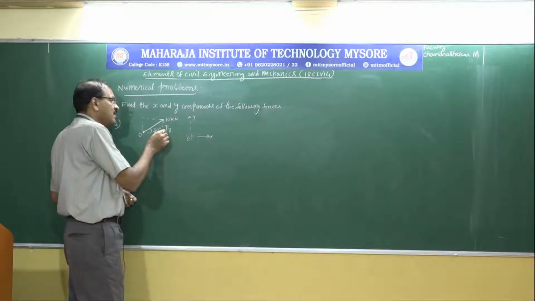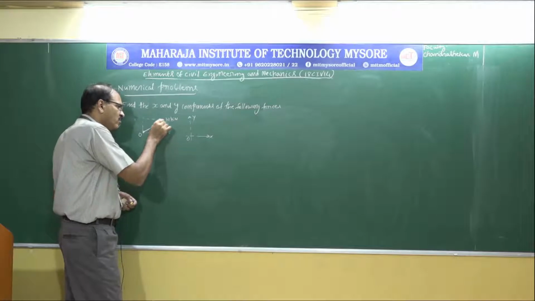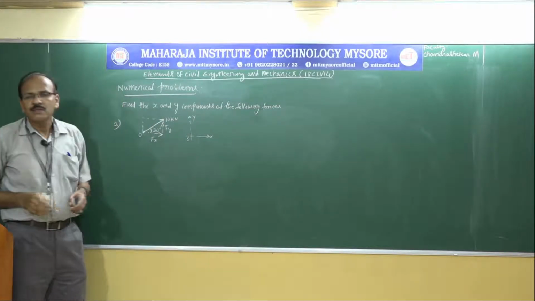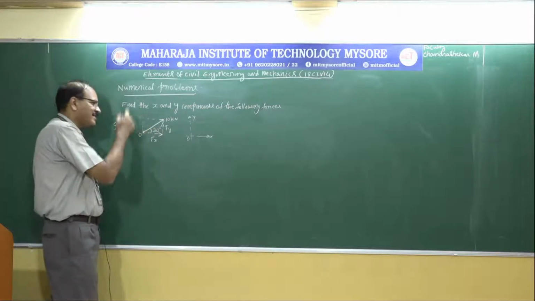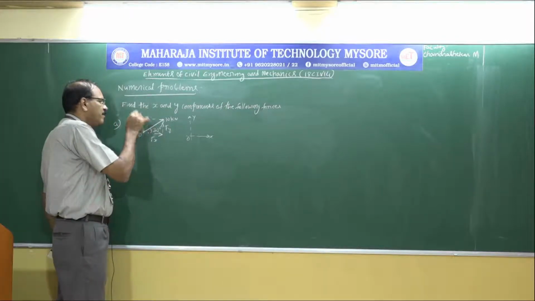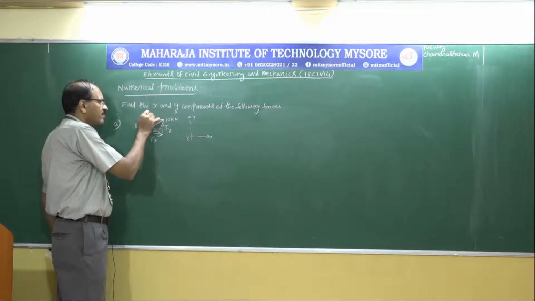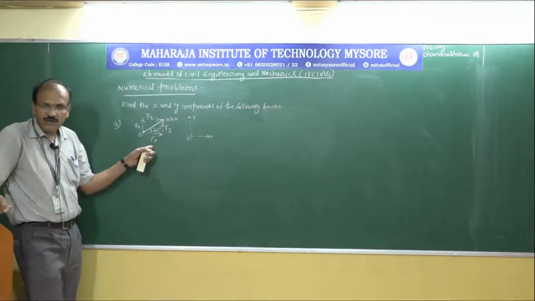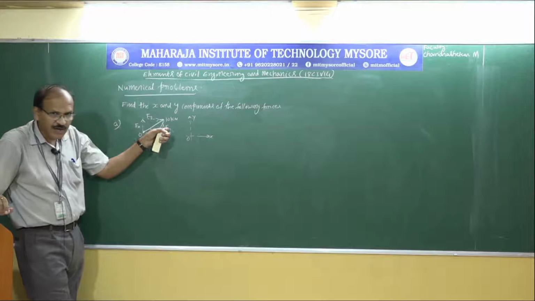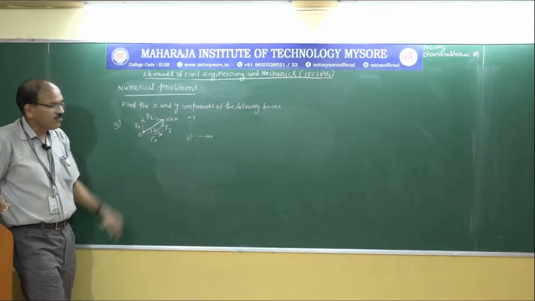When we take the vertical component, if you continue vertically, this becomes up. Because this is a rectangle, this will also be Fx and this will also be Fy. So here Fx is the horizontal component and Fy is the vertical component. So let us find out these two values.